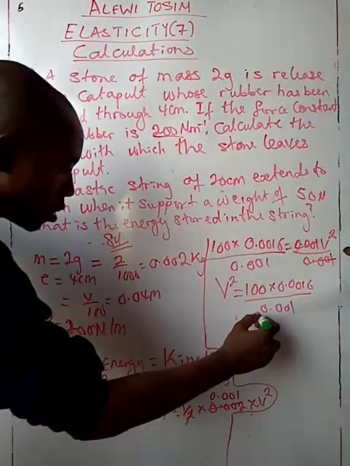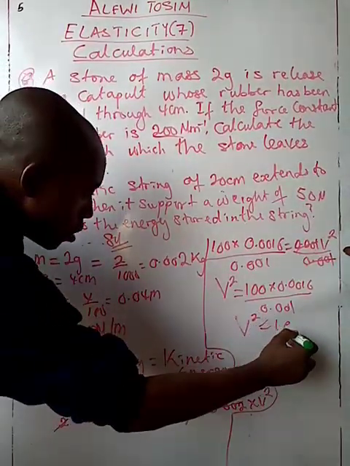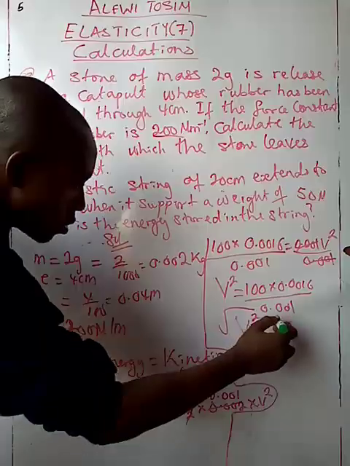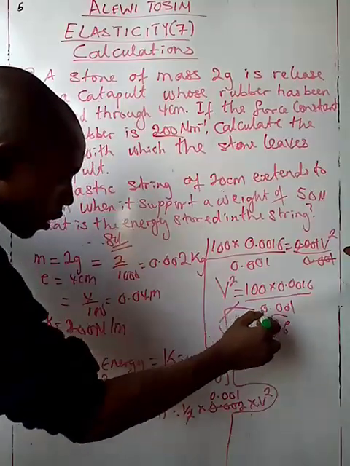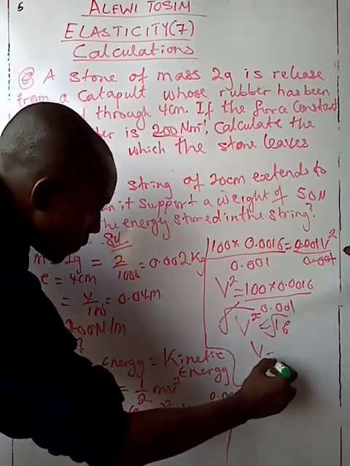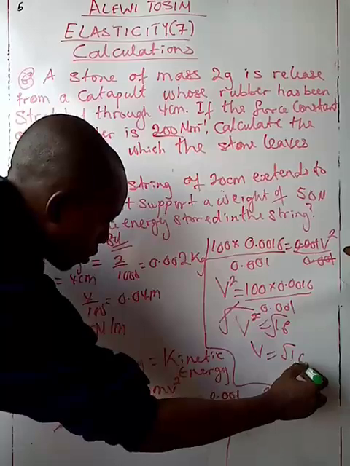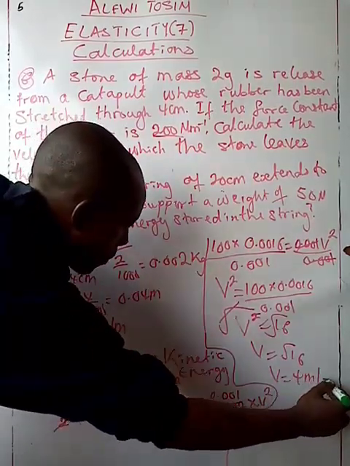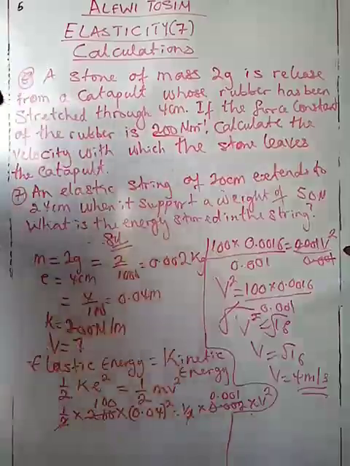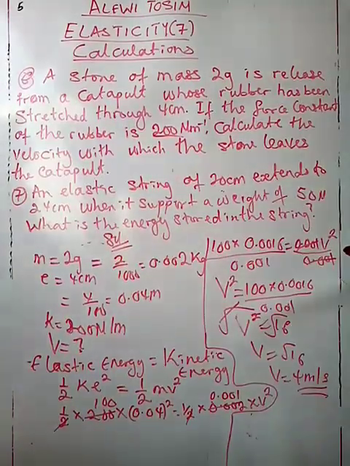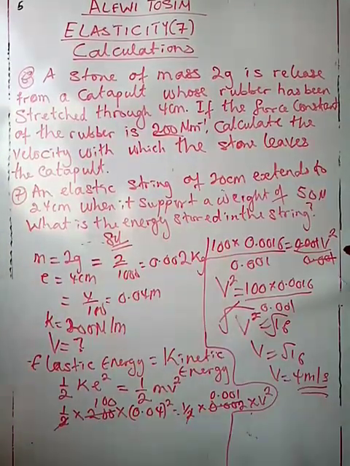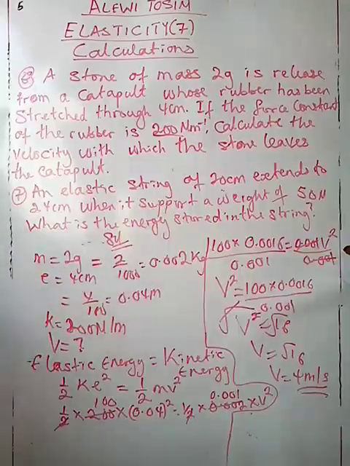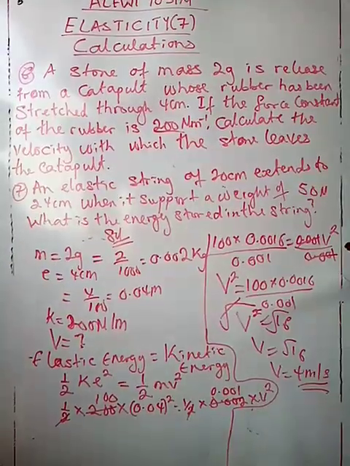So we have v squared equals 16. Root both sides. This cancels this, so our v is equal to the square root of 16, which means the velocity is equal to 4 meter per second. That's the unit for velocity. So that gives the final answer for the question. We have to find velocity, so our final answer is 4 meter per second.